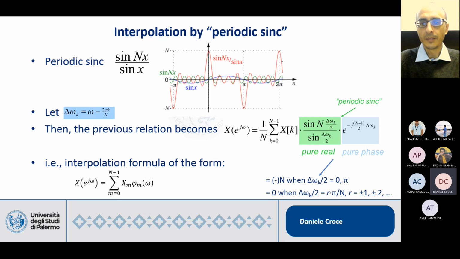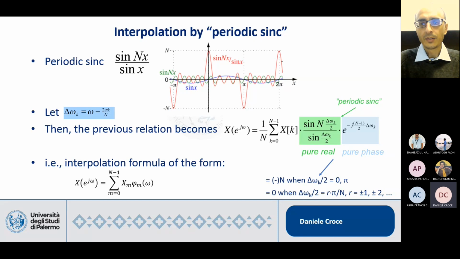And these coefficients are equal to 0 every time there is this factor delta omega k, which is the difference between the angular frequency and 2 pi k divided by capital N. And so basically the multiplication factor of the coefficients is equal to plus or minus N when this factor is equal to 0 or pi divided by 2, and it's 0 every time delta omega k divided by 2 is a multiple of pi over capital N. Okay?